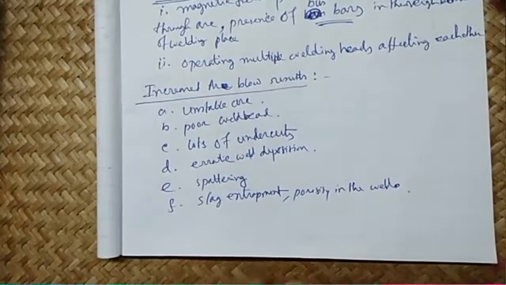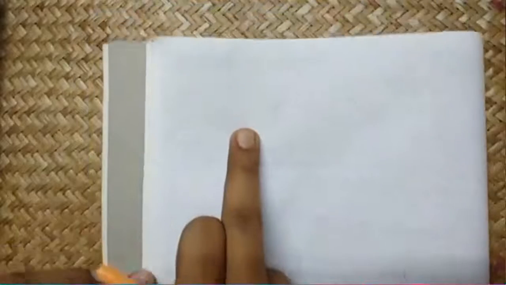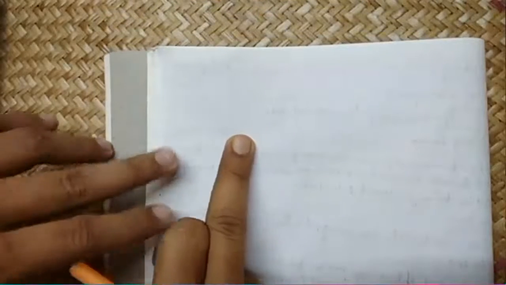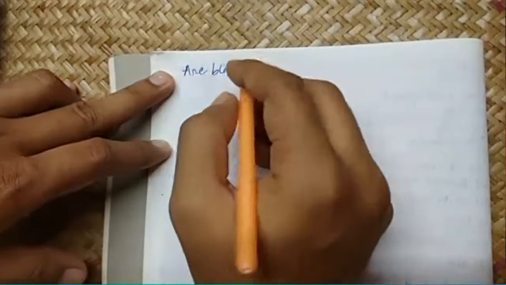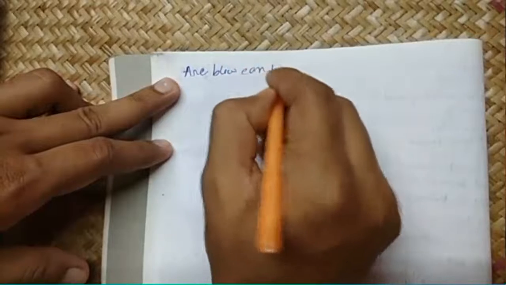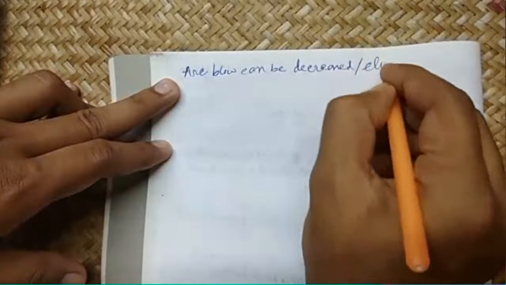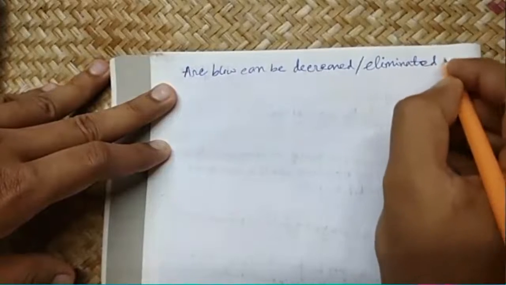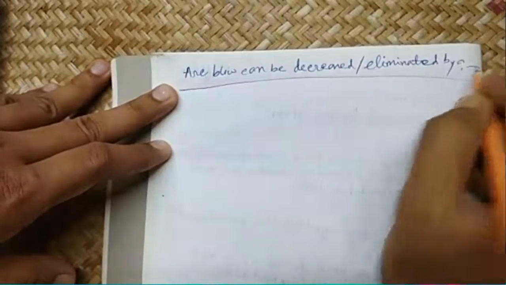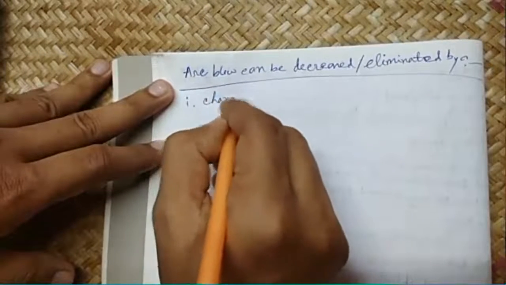Now, how can these problems be decreased or eliminated? Arc blow can be decreased or eliminated by the following methods: changing the position of the earth clamp.